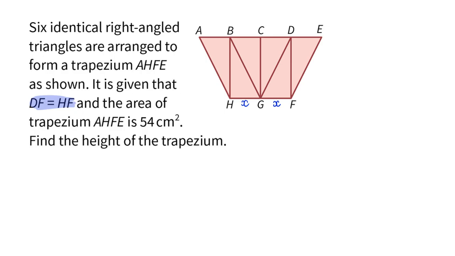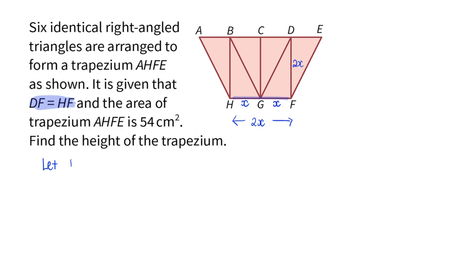And if DF is equal to HF, this simply means that HF is X plus X, 2X. Therefore, DF is also 2X. Okay? So let's put this in the working.